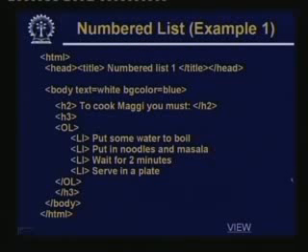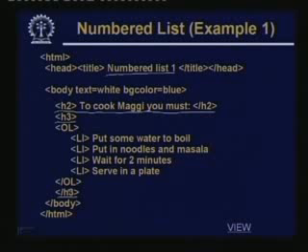Now, let us take an example here. This is an example illustrating a numbered list. Well, the standard head, title, body are all there. This is the heading, which we have made bigger by this H2 tag. As usual, using H3 we have made the list heading appear bigger.